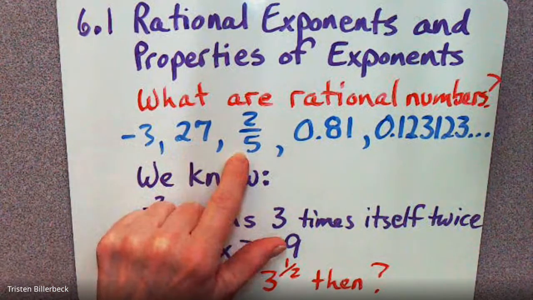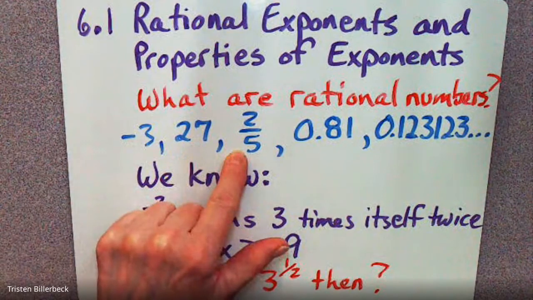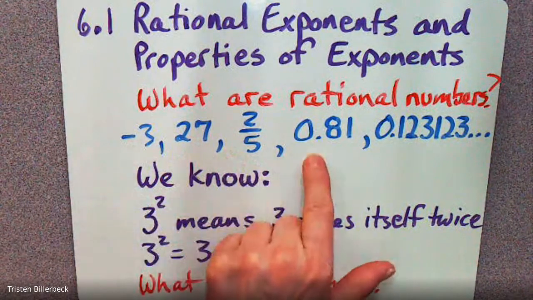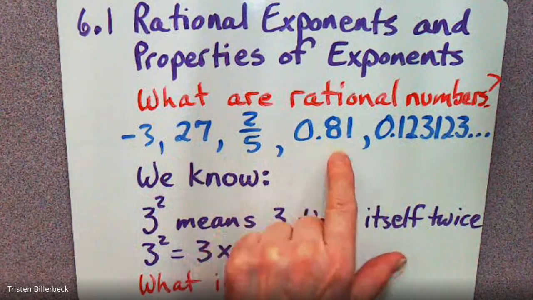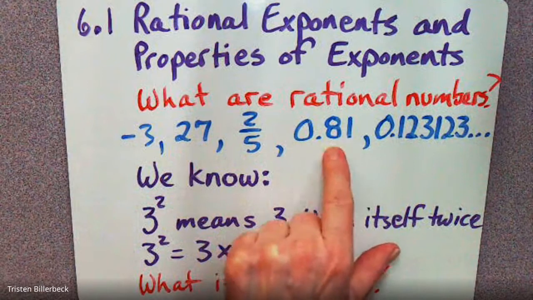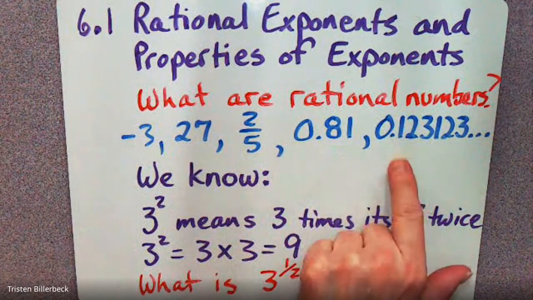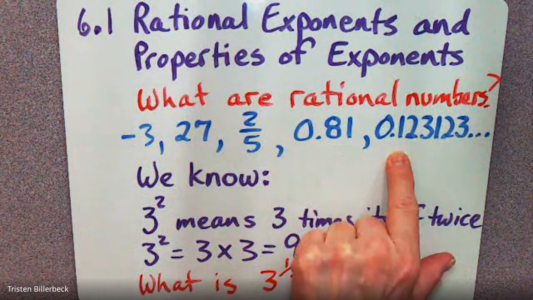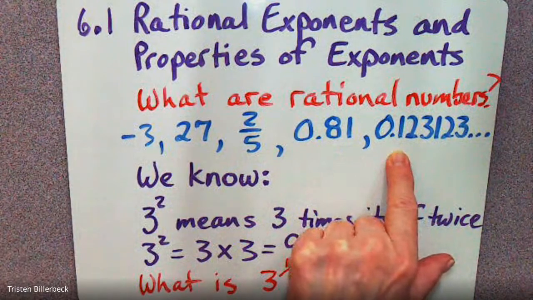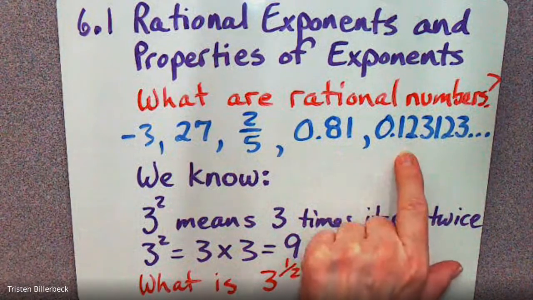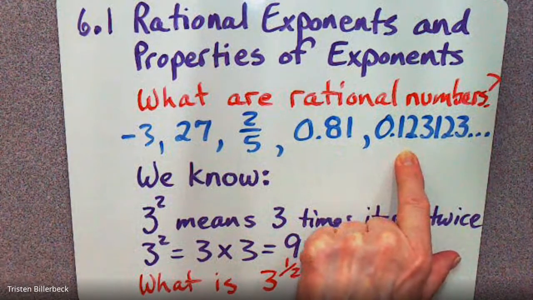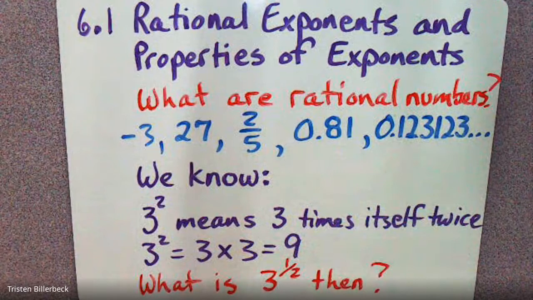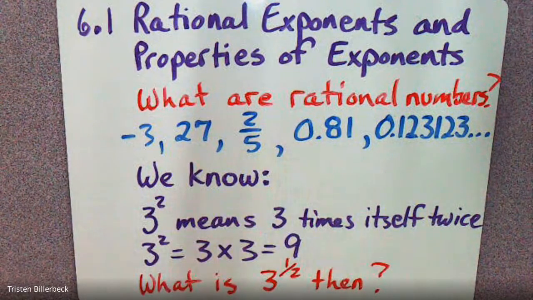Fractions, any number that can be written as a fraction is rational, and terminating decimals, that means decimals that end, so 0.81, or repeating decimals, 0.123 repeating, that would be a rational number because it's a repeating decimal. Now, things like pi, which never end, that would be irrational.